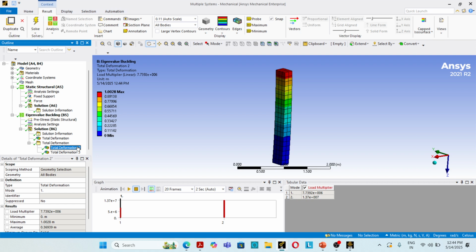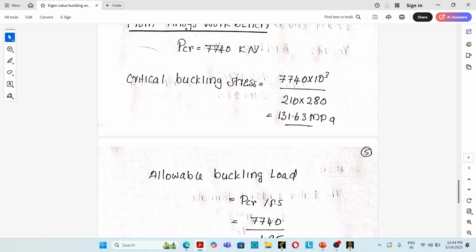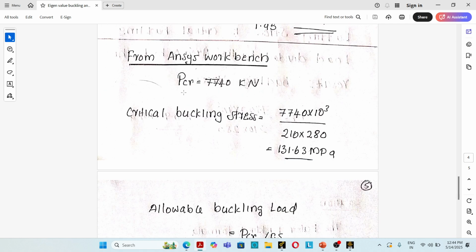This is the first mode and this is the second mode. If we change the number of modes to 5, we will have 5 modes. So the critical load in Ansys Workbench is 7,740 kilonewton.